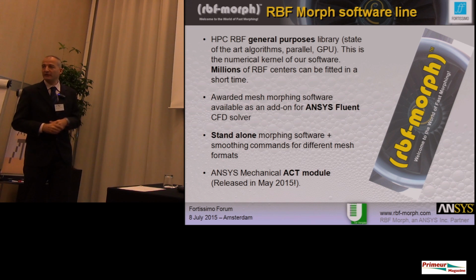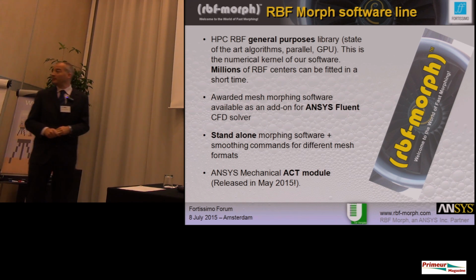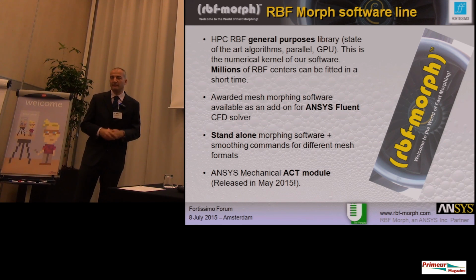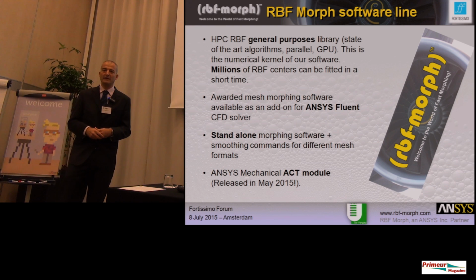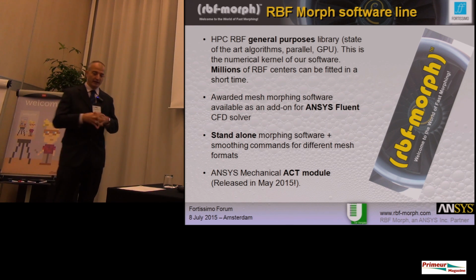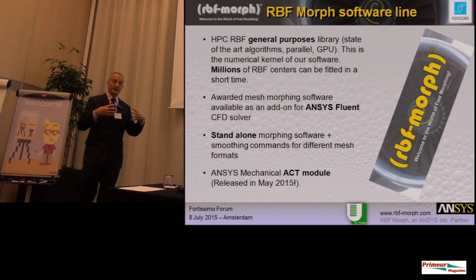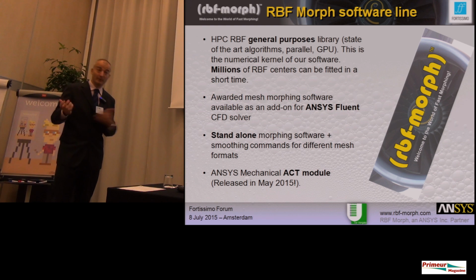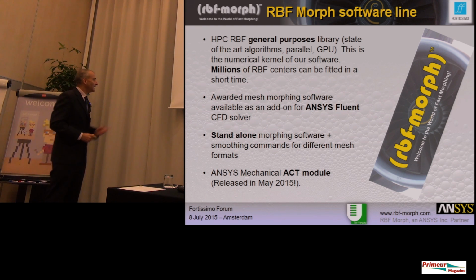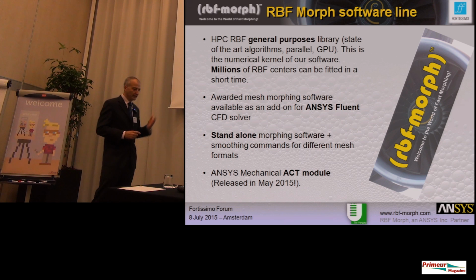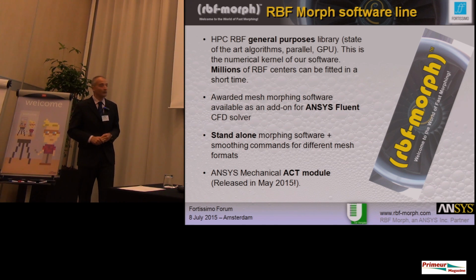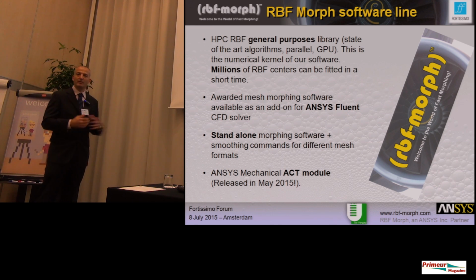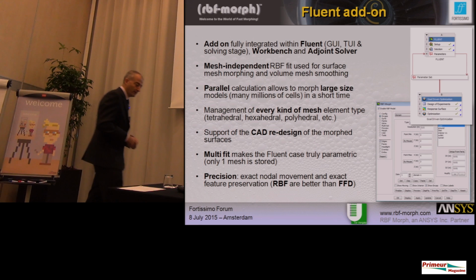We also have a standalone version that is the basis of the optimization platform of our RBF Forareo platform, and I already envisioned yesterday that we could consider a strong integration between these activities. I mean, the RBF Forareo platform can be tested on the Fortissimo platform as well. And the last product that has been launched recently is the ACT module for ANSYS Mechanical. That is an extension that works inside the Workbench platform of ANSYS that enables this parametric mesh morphing.